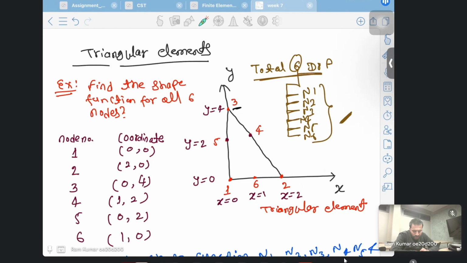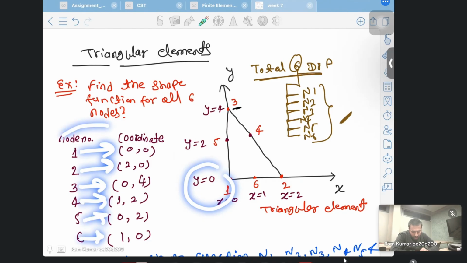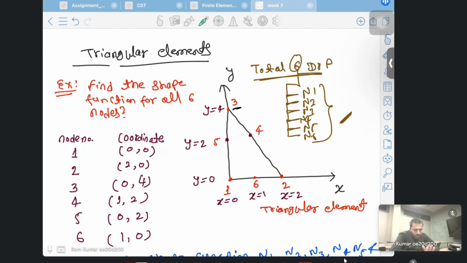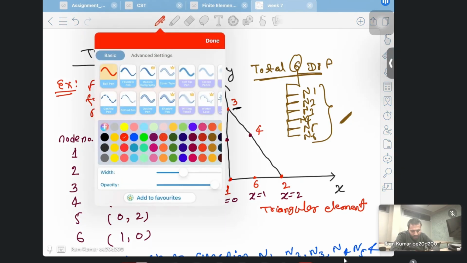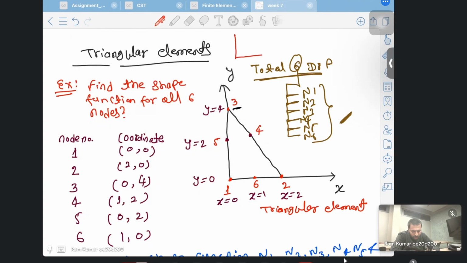These are the coordinates for node 1 at the origin, node 2 at 2, 0, node 3, node 4 up to node 6. So this has 6 nodes, and in a simpler form, the other element has only 3 nodes: node 1, node 2, node 3. This is also a triangular element.